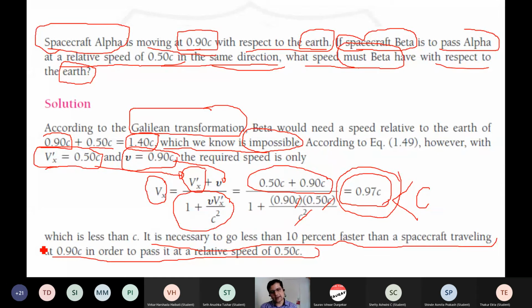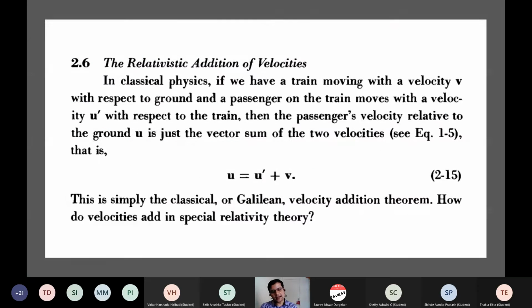So I hope you understand this problem, and I request you to go to the references. There are just two books I am using over here. As always, I am taking the reference of the author Beiser and also the book of Resnick. You can observe these things.